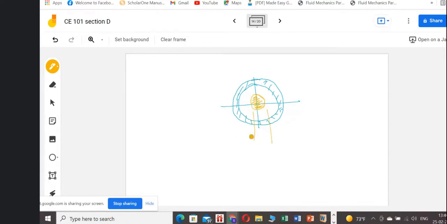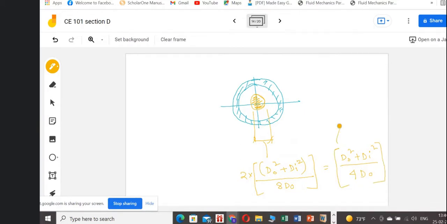The value was 8 d naught, so 2 into that part, that means d naught square plus di square by 4 d naught.